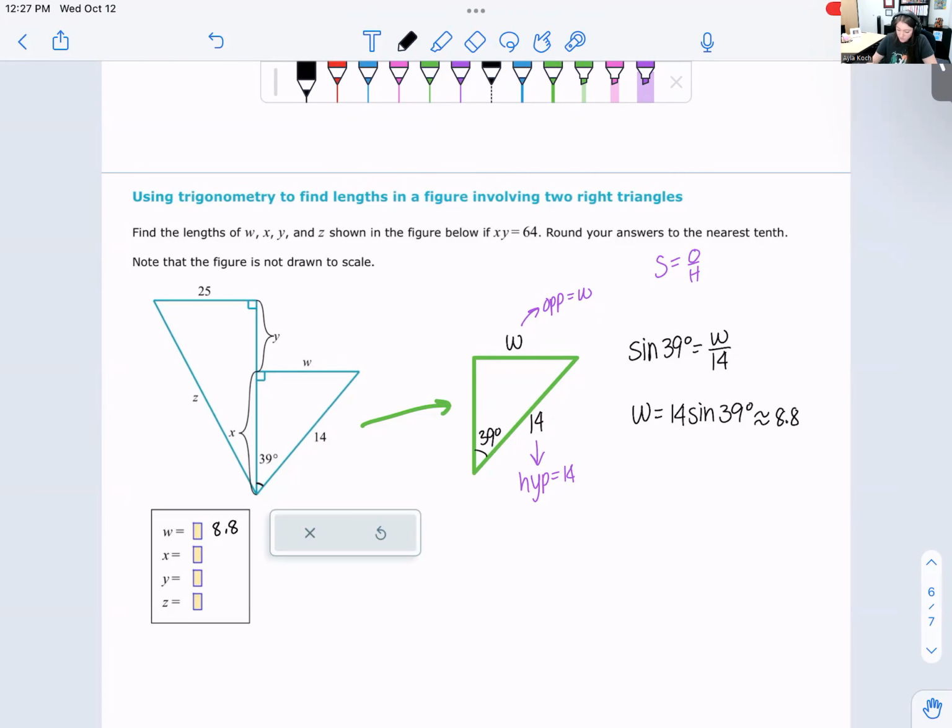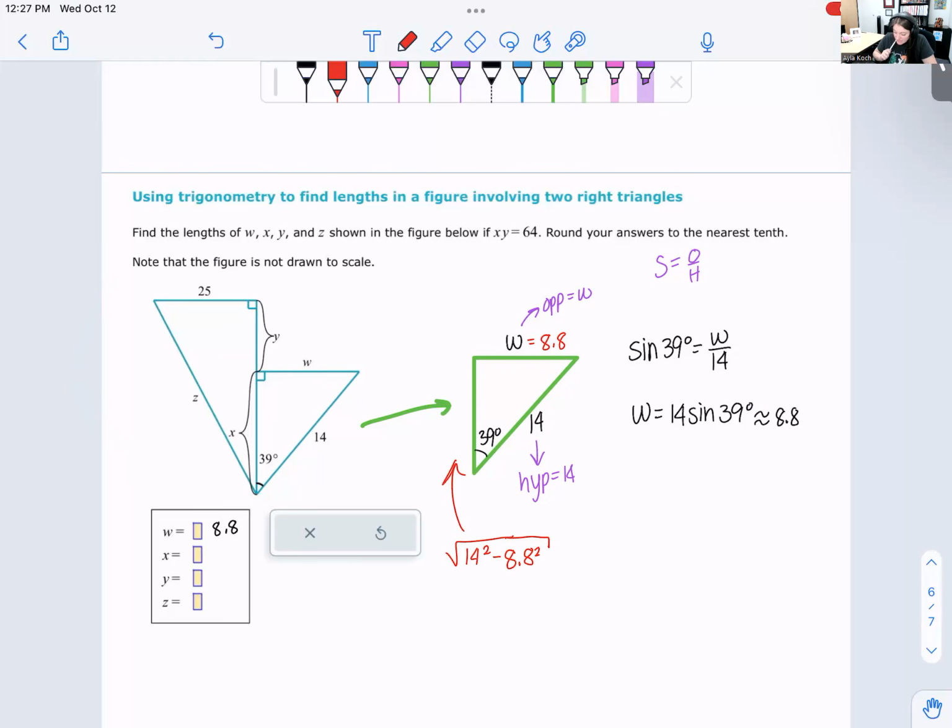The best we can do to find this other side length here is use the Pythagorean theorem. So this is 8.8. This missing side over here should be the square root of 14 squared minus 8.8 squared.